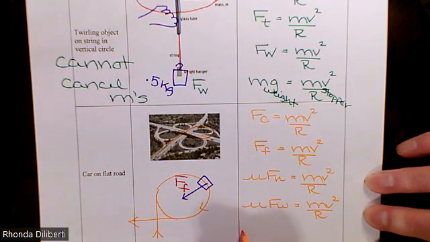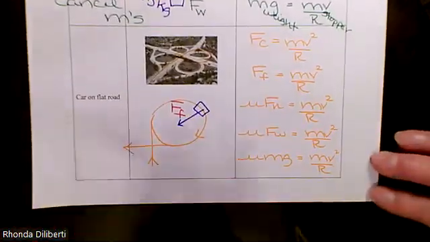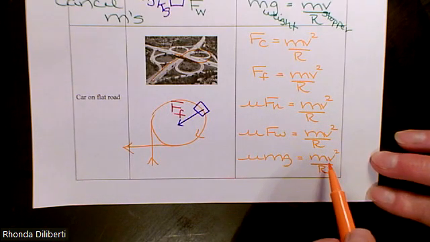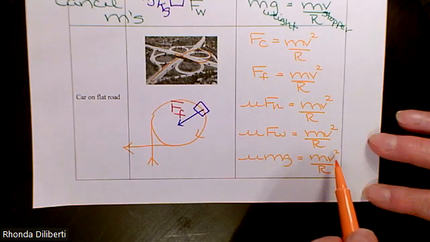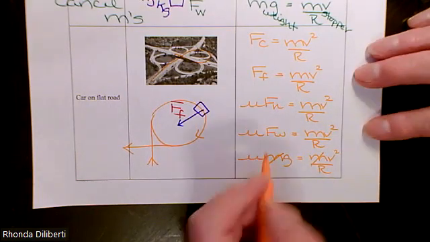And now I'm going to replace the Fw with an mg. And let's talk about these m's. This m from friction came from the weight of the car. This m is the mass that's going in a circle, which is the car. So these are both the car. So therefore, I can cancel them.